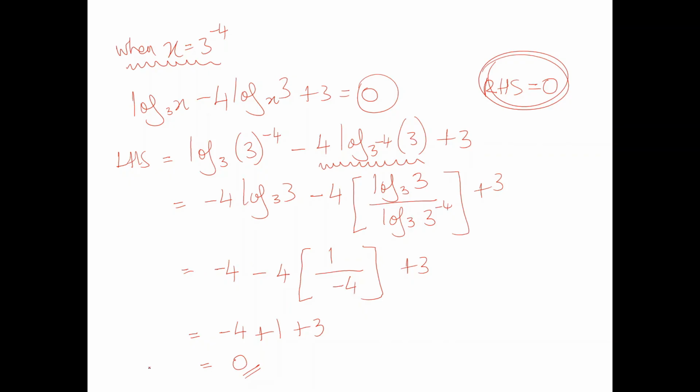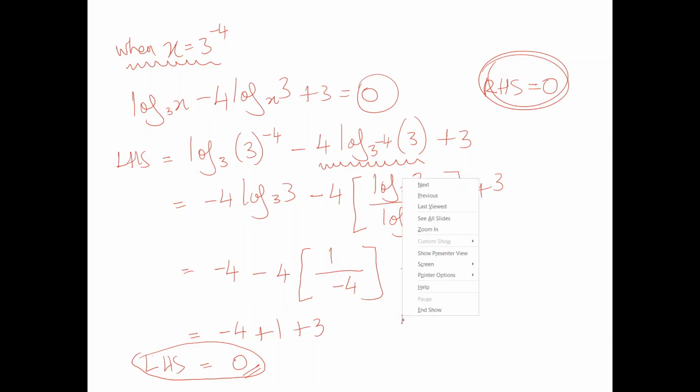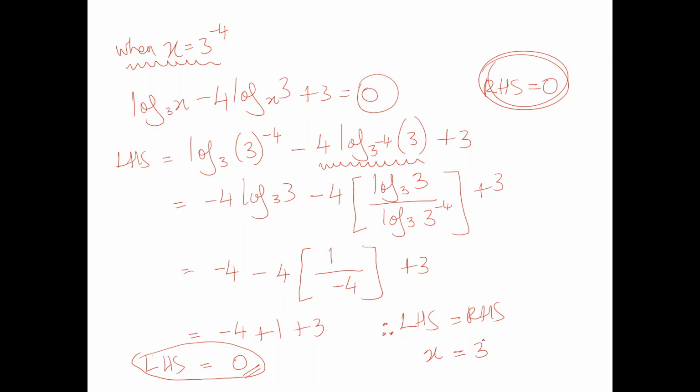So left hand side equal to 0 and right hand side equal to 0. Therefore, left hand side equal to right hand side, and we can make a conclusion that x equal to 3 to the power of negative 4 is also acceptable for our solution.